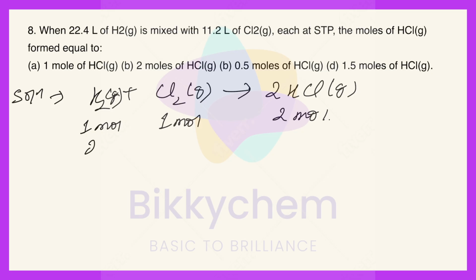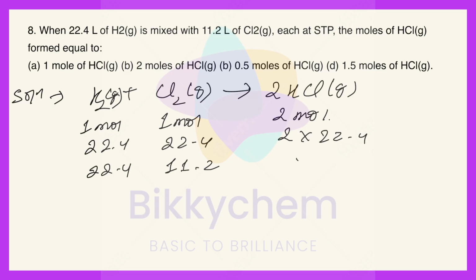So 1 mole is always equal to 22.4 liters. Here 2 into 22.4. But when it is 22.4 and 11.2, it gives 22.4. Why? Because the one which has the lesser quantity is considered the limiting reagent, because Cl2 acts as the limiting reagent.